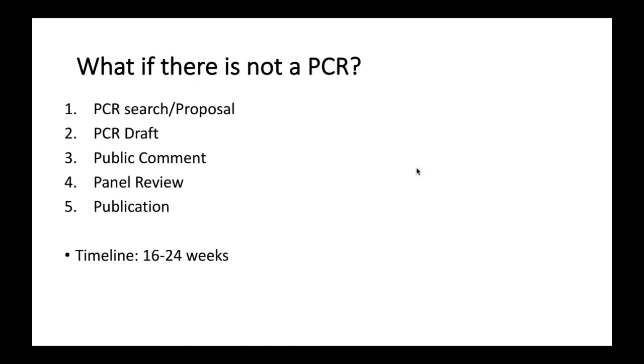So first, you obviously want to conduct your search. If there isn't a PCR for your product, create a proposal, a draft. This would go through comment, review, and then eventually publication. So really all tying back into that first step of getting into this process of creating an EPD. This just gives you a little bit of that breakdown.